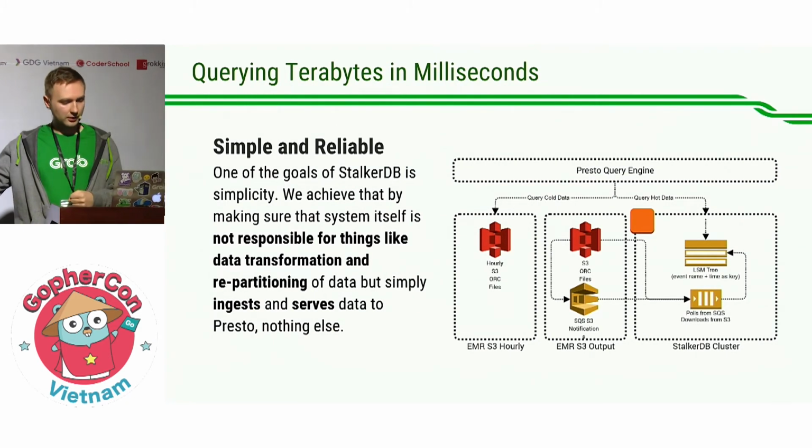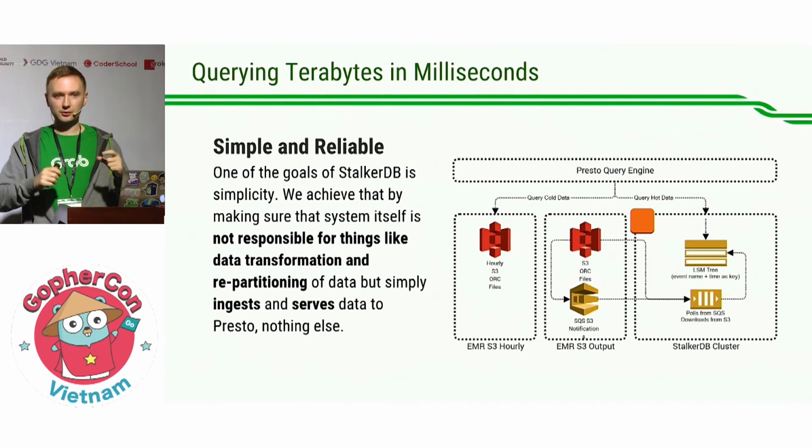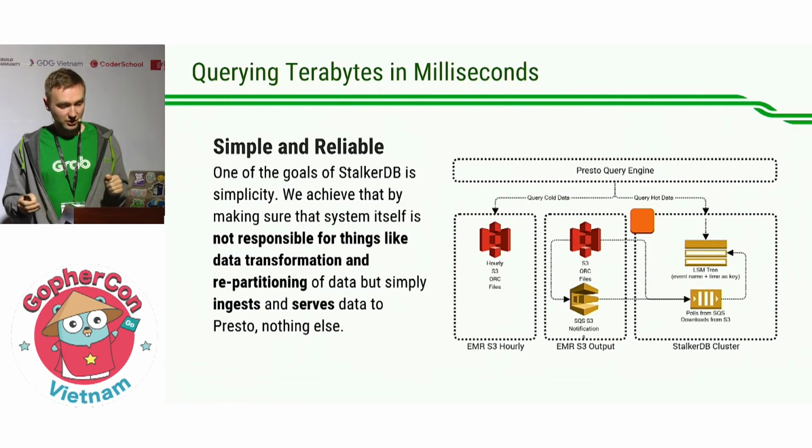What it does is it only talks to Presto, and Presto only talks to it. There's no other way of getting the data, only going through Presto. Presto has two tables: cold or warm data, which is just your S3 files, and for the last one hour of data, it calls our Stalker database, which is essentially a log-structured merge tree where the keys are metric name and time, and the values are a columnar structure.